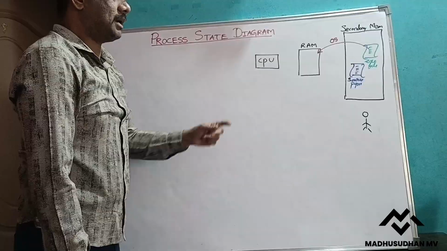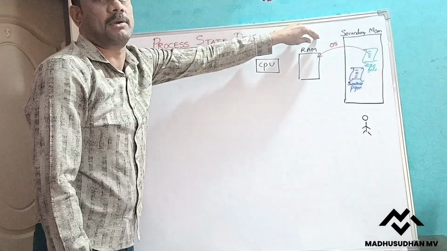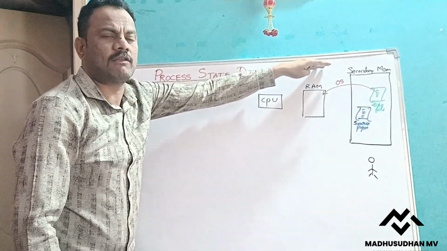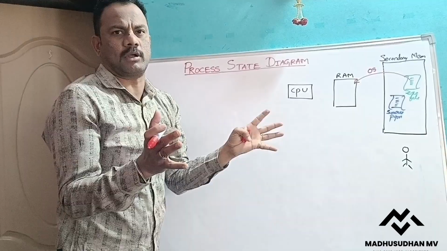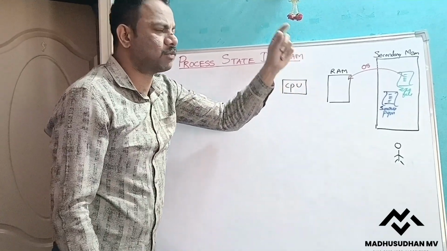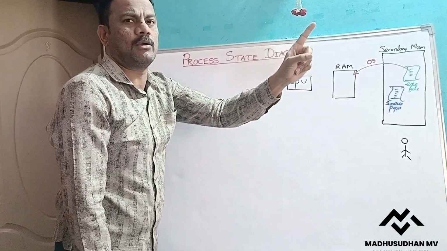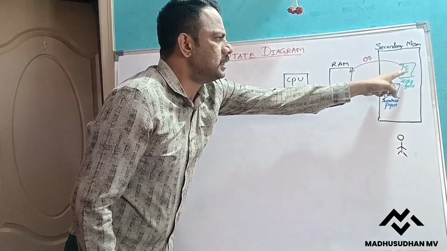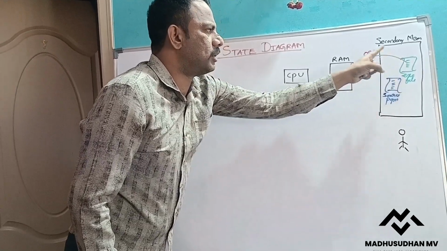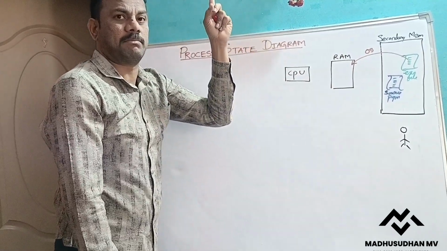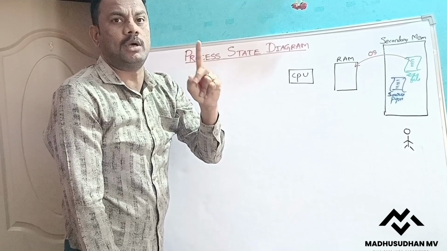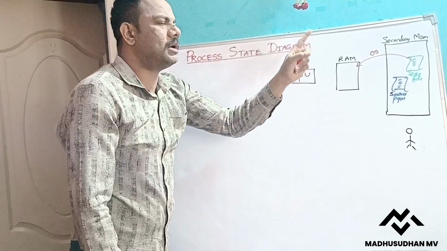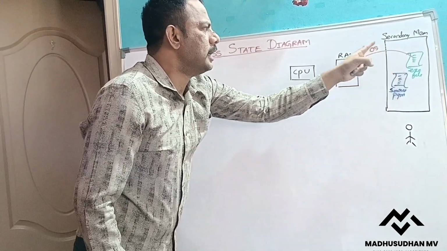The operating system is a huge collection of programs, and one of them, the loader program, brings the exe file from secondary memory into the RAM, as we discussed previously.